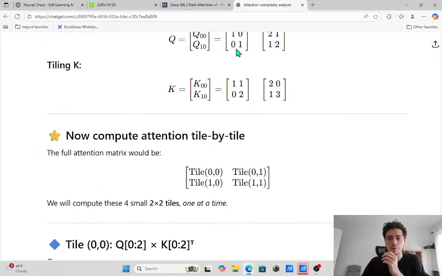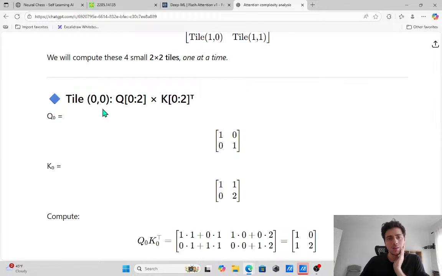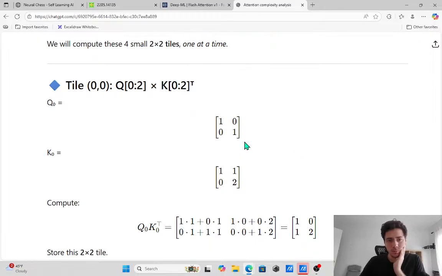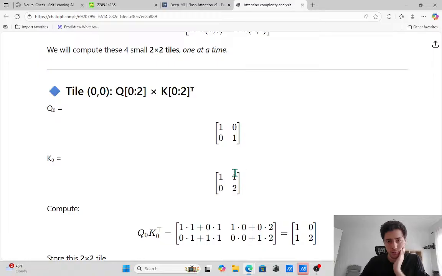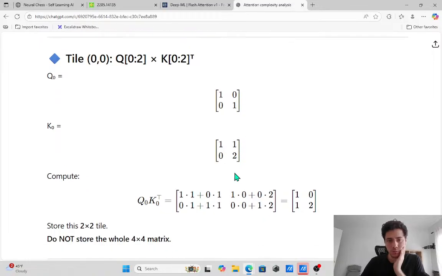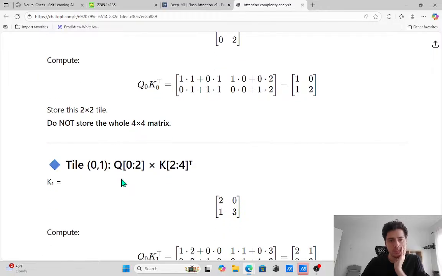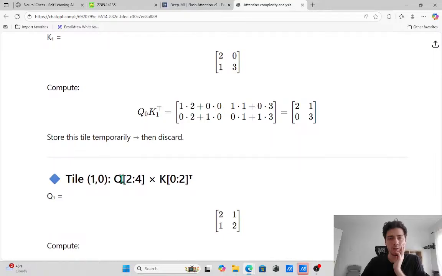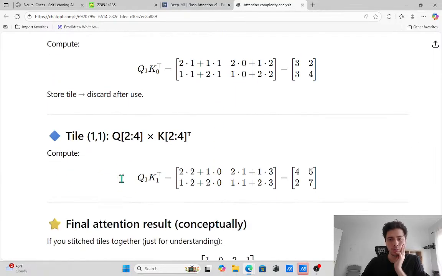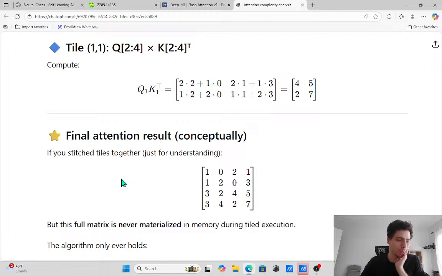So different tiles and different mixes and matches of these things. Tile 0, 0, fine, the transpose of this. Okay, we computed these. So we're computing all of the things.